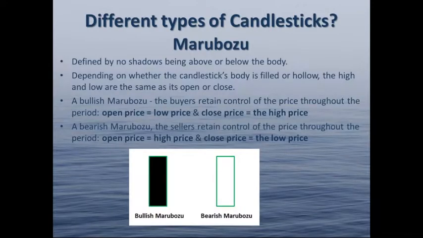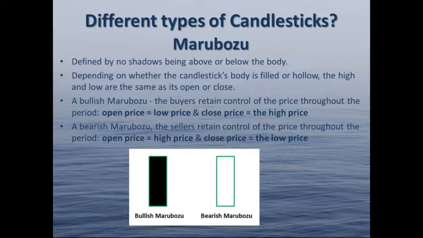Unlike the spinning top, the Marubozu has no shadows above or below the real body and indicates an instrument trading strongly in one direction, hence the long body. The longer the candle is, the more dramatic the jump in price will be.